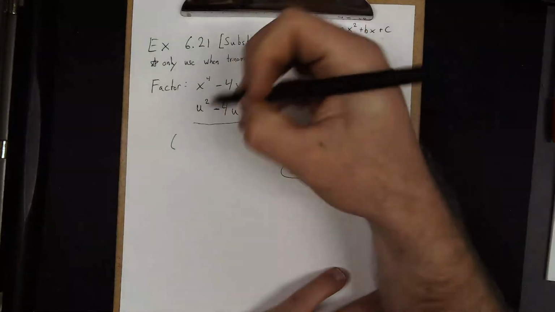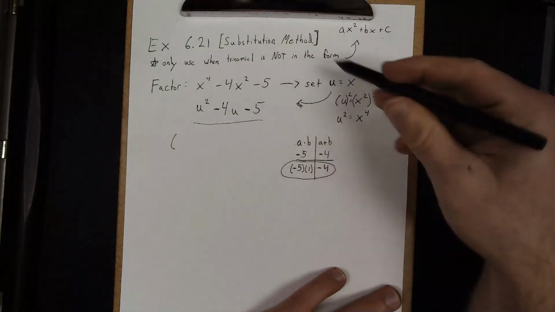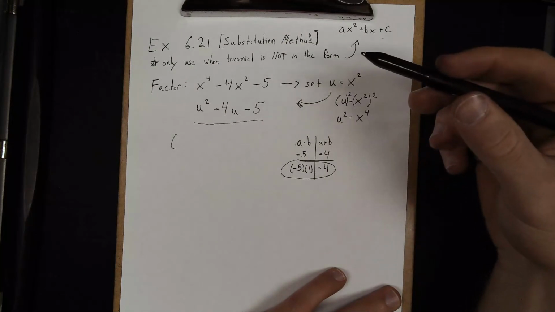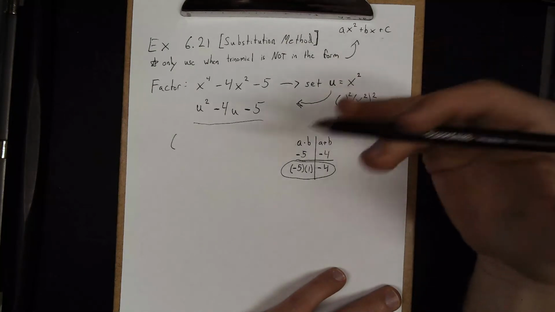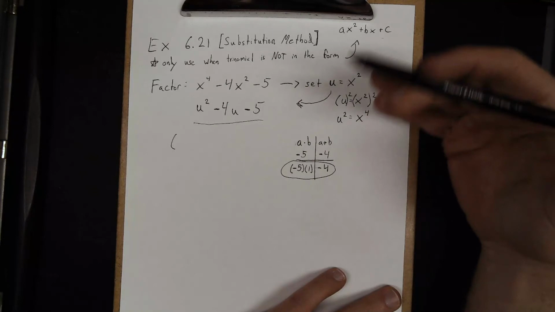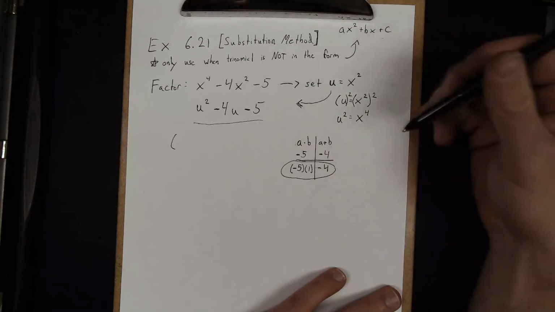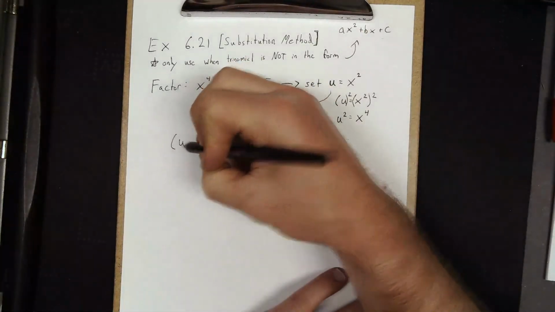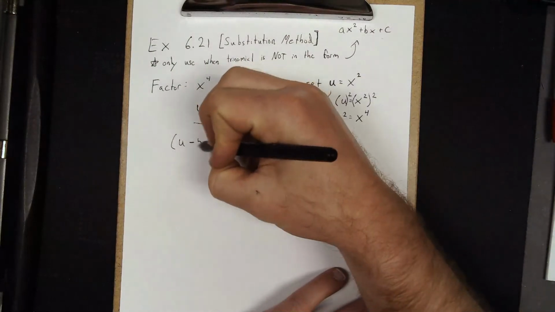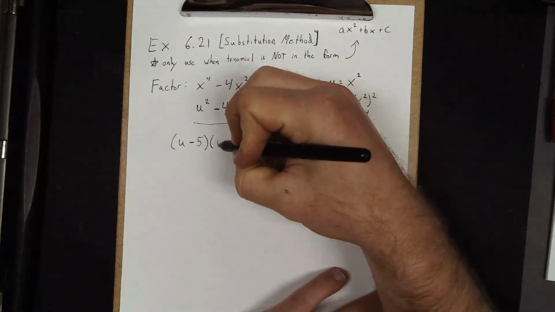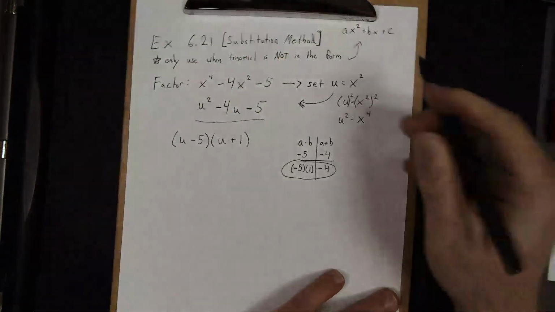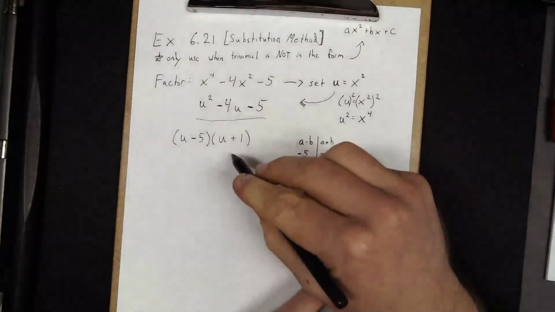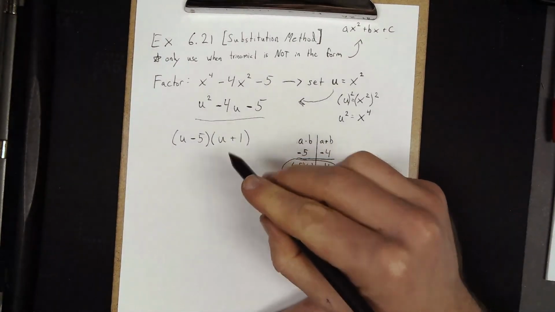And that's because we didn't have to use the AC method. When you use the AC method, you can't jump right to your answer because you're actually doing a bit of grouping. But here we have u minus 5, u plus 1. Okay, I lied. This isn't our answer.